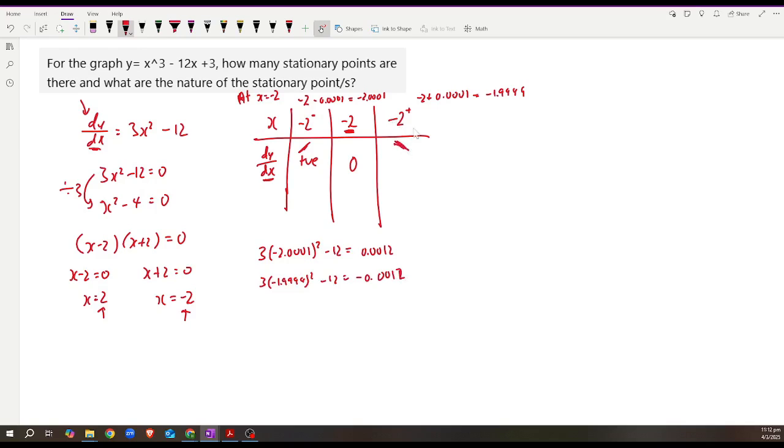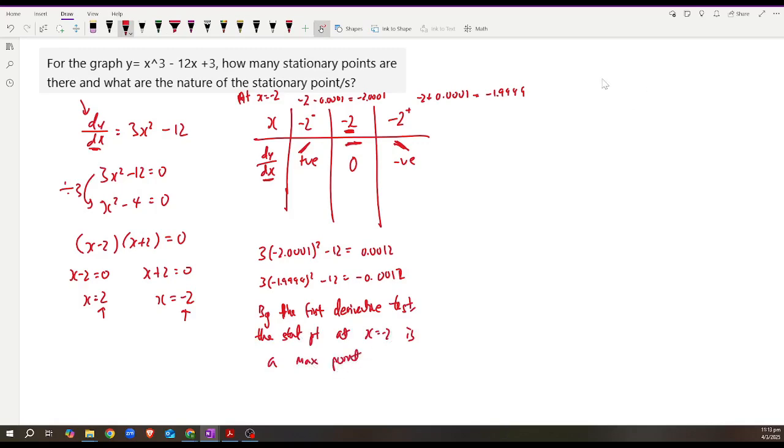So the gradient after the stationary point is negative. So clearly you can see that it forms a maximum point. So by the first derivative test, the stationary point at x equals minus 2 is a maximum point.